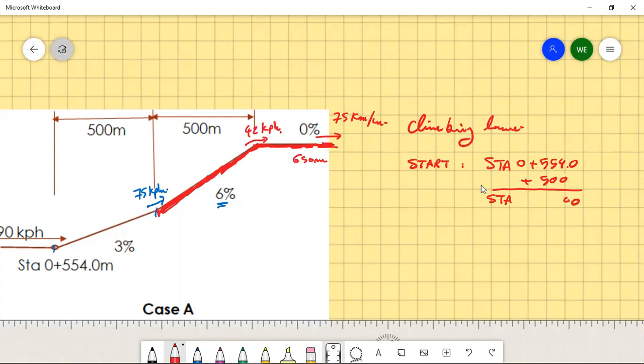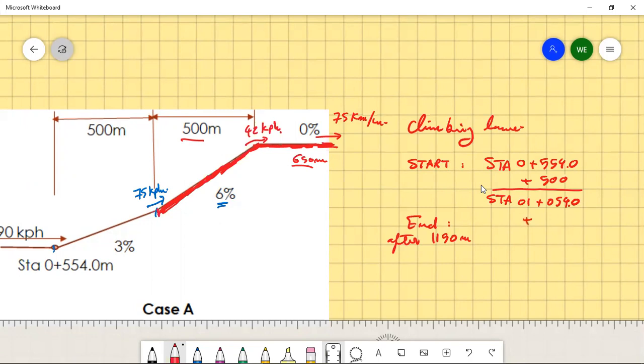It ends after this point and after 650. So basically it ends after the start with 500 plus, it ends after 1,150 meters.